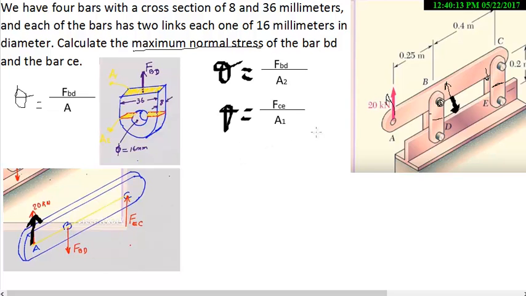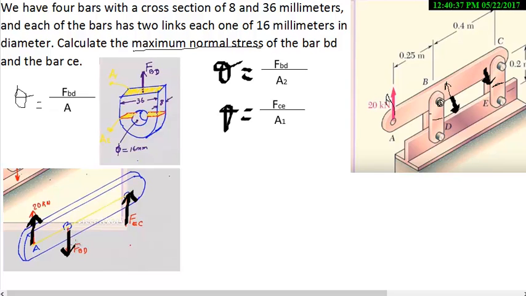And the same for the bar CE. The force is in this way because of the compression, but because there is another force that balances the system, this force will be this one right here.